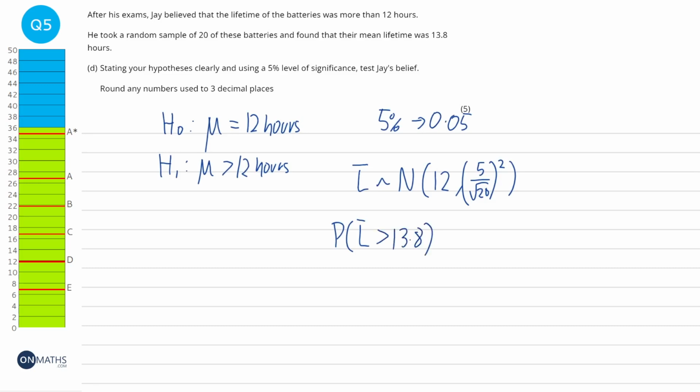Okay, so using this normal distribution, we're going to find the probability that the sample mean is greater than 13.8. And what we're doing here is, if we just do a quick normal distribution or bell curve, let me just put in the values actually. So the mean is 12, and the standard deviation is 5 over root 20. And that 13.8 is somewhere here.